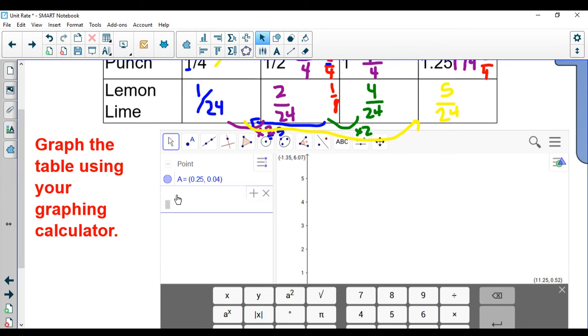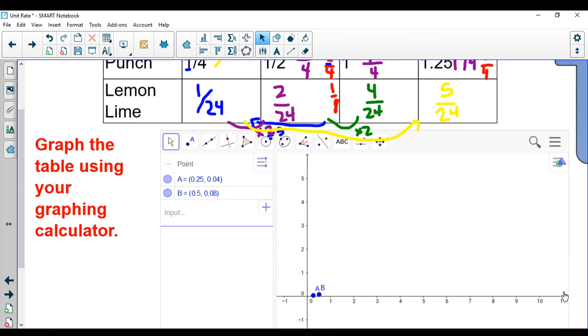1/2, 2/4, enter. And if you notice, they are converting them to decimals for me. That's fine, it's just the equivalent up here.